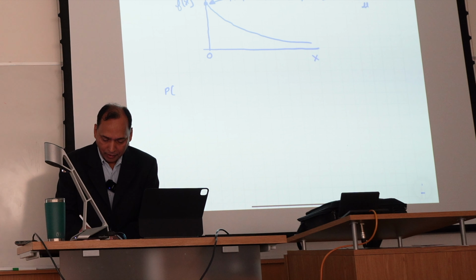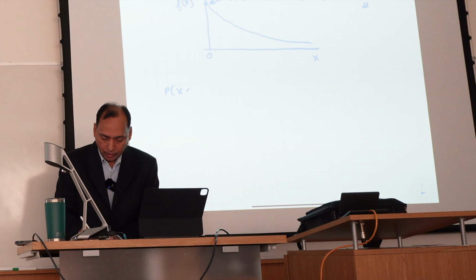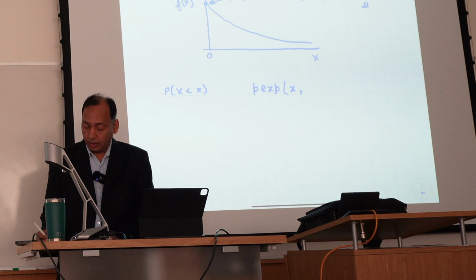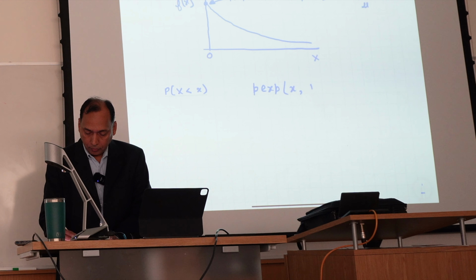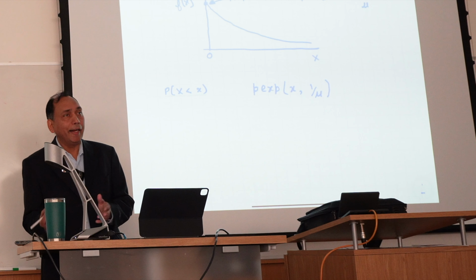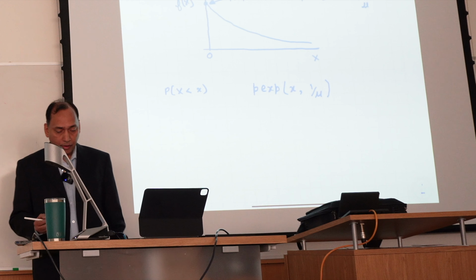What is the probability that x is less than some small value x? P for probability, exp for exponential, and then x, and then 1 over mu. So it is 1 over mu, or m, which is your decay parameter.